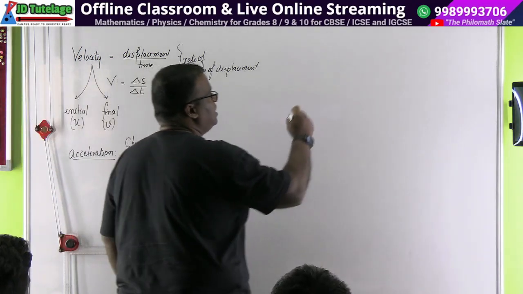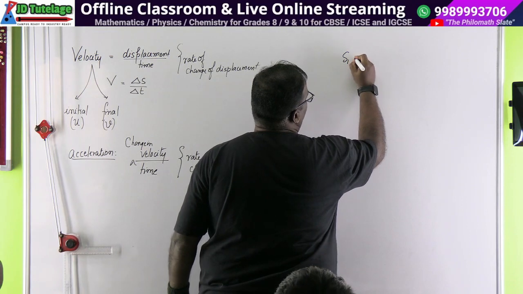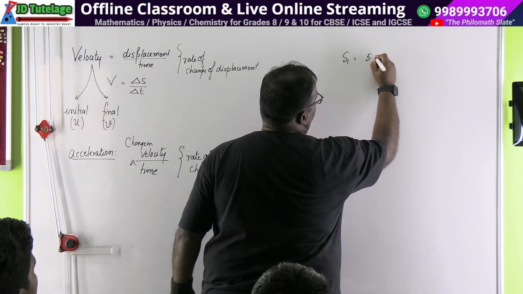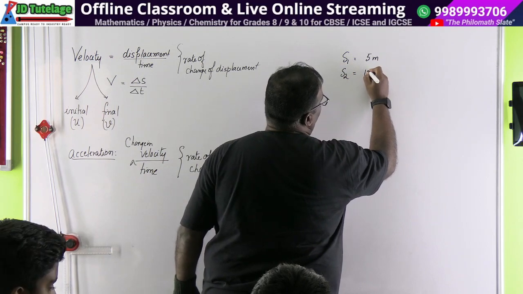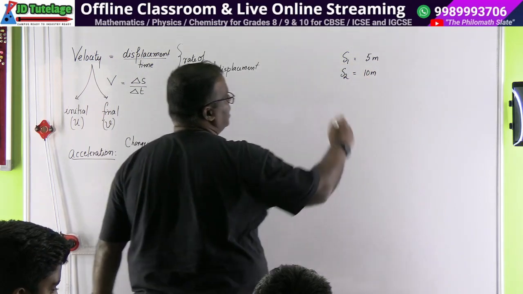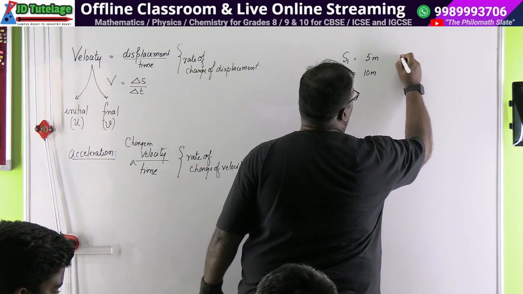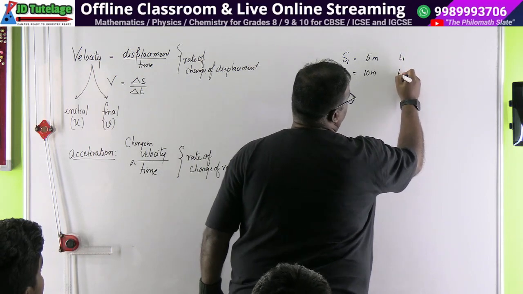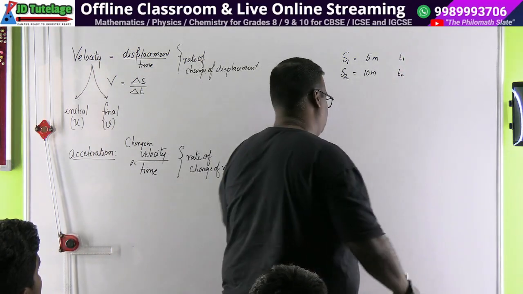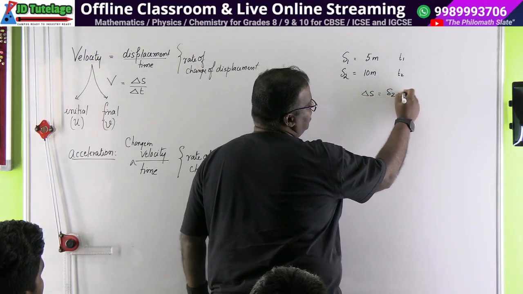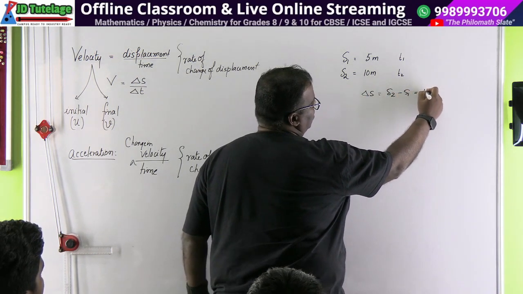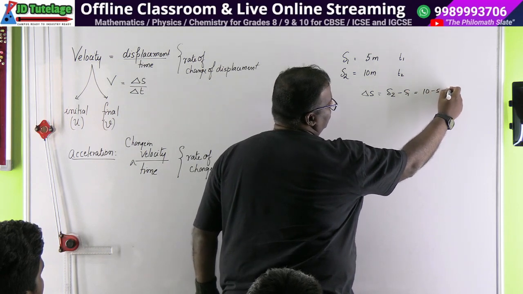Let's say my initial displacement s1 is 5 meters and my final displacement s2 is 10 meters, with t1 and t2 the corresponding times. Then delta s will always be final minus initial, which is 10 minus 5 equals 5.